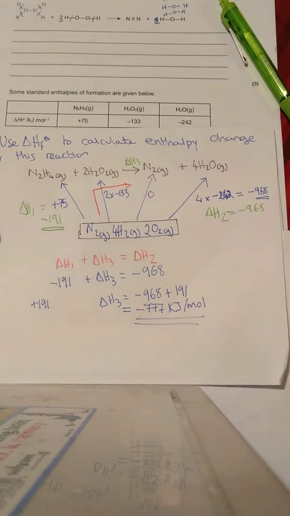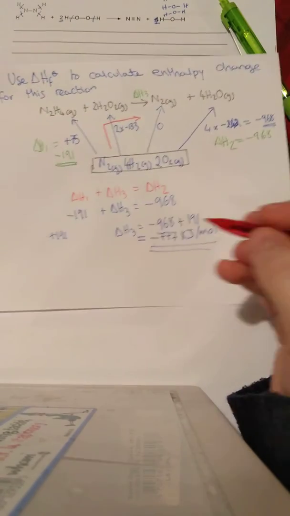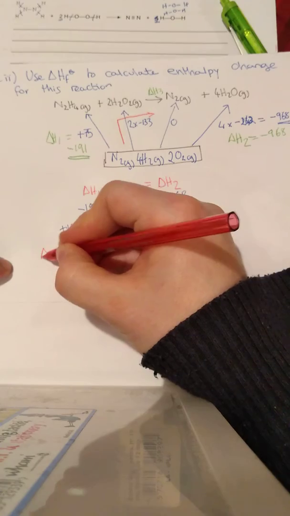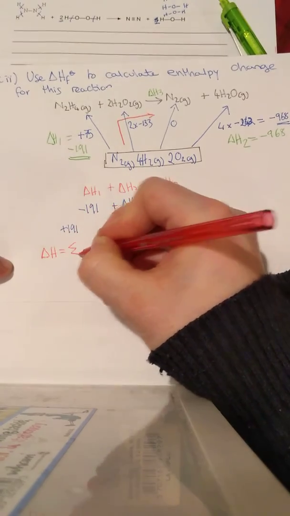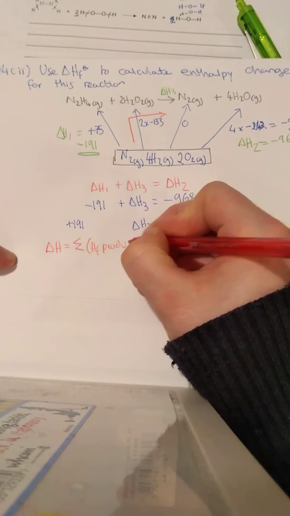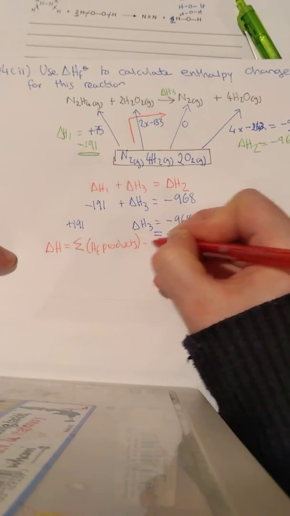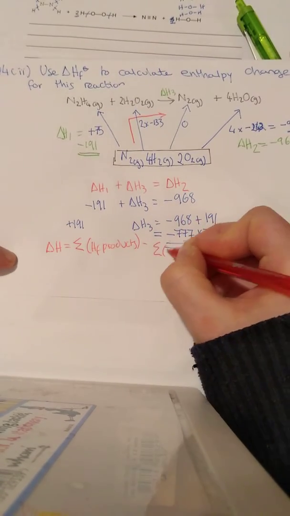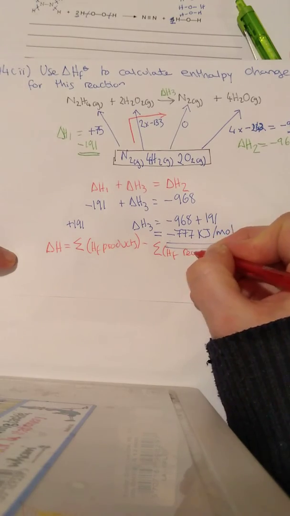Now if you don't like drawing Hess cycles, you can use the equation we used previously, where we can talk about delta H equals the sum of the formation products minus the sum of the H for reactants.